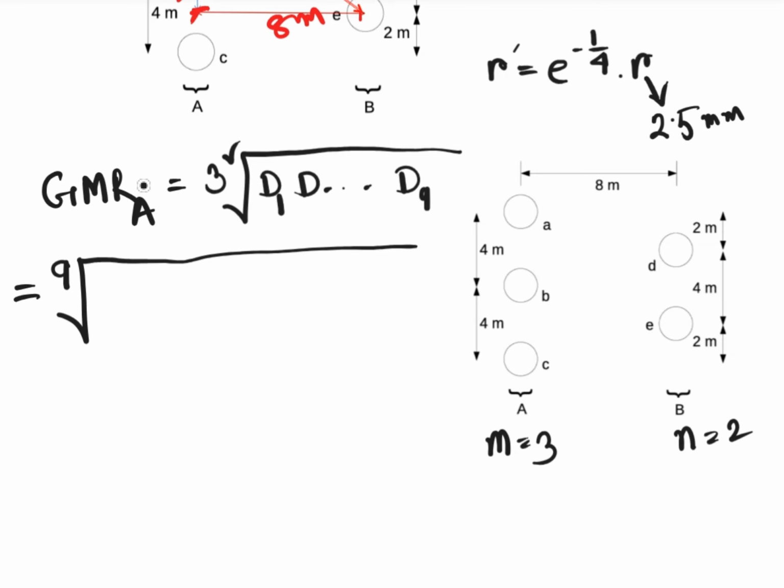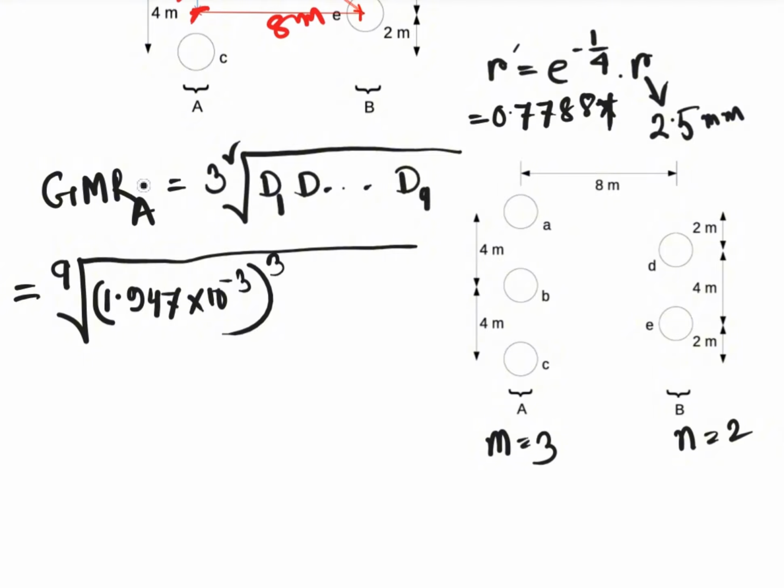Indeed, here we'll get 0.7788 into 2.5 millimeter, right? So from the calculation we'll find 1.947 into 10 to the power minus 3. How many conductors? 3. That's why here cubed.